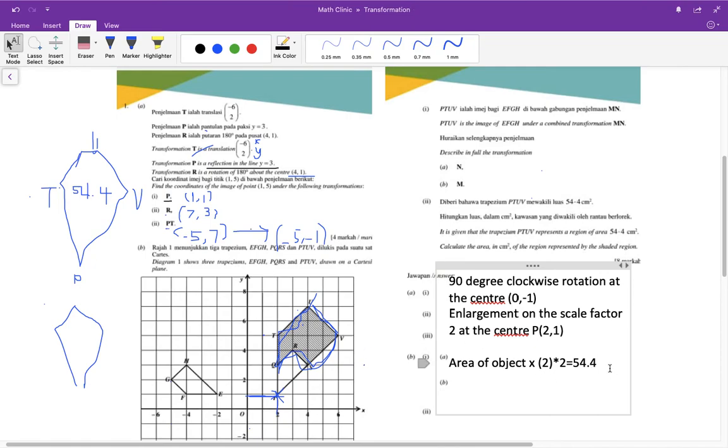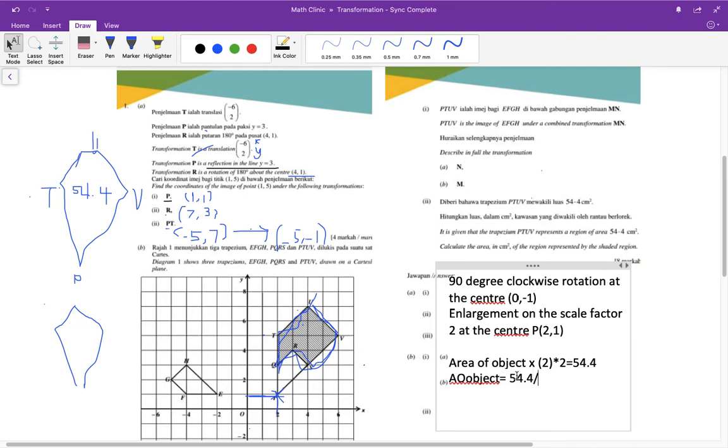So let's find the area of object. So the square of the scale factor. So the square of 2 is 4. So that means, I just write abbreviation, okay? Area of object equals to 54.4, then just divided.